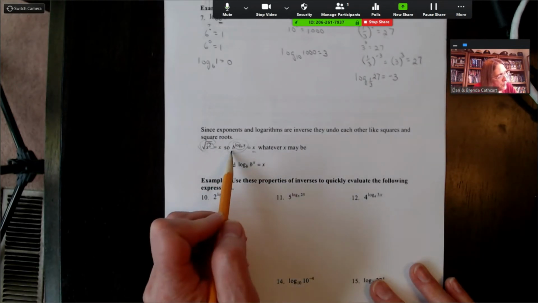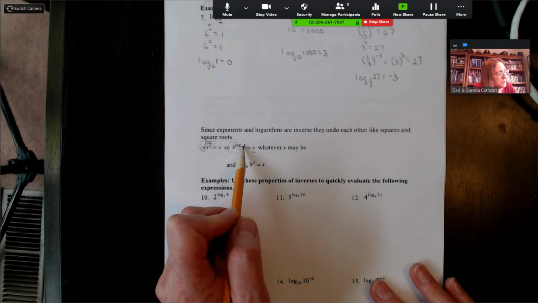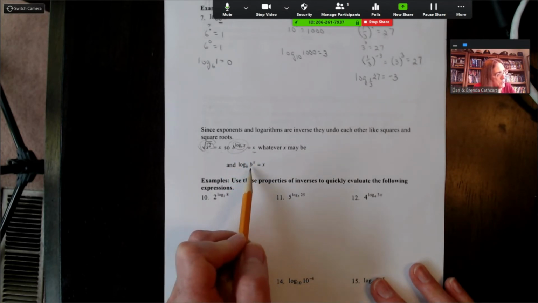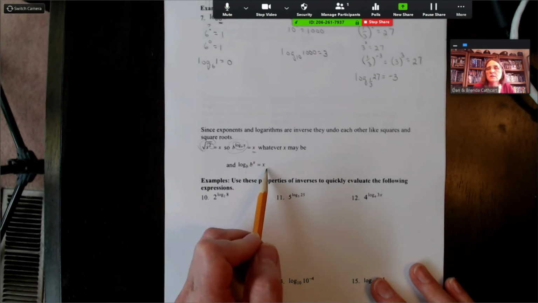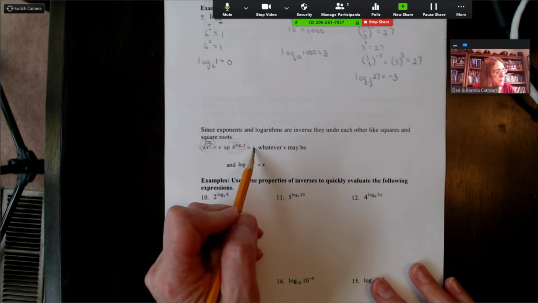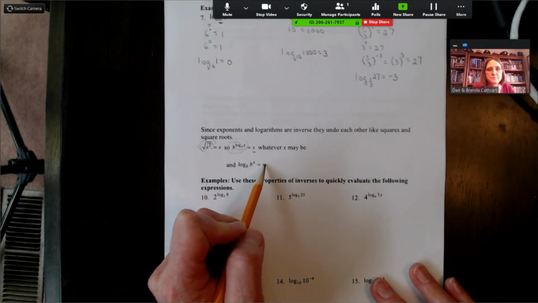So b raised to the log base b of x comes back to x. Also, log base b of b to the x equals x. A composite of inverse functions always comes back to x.